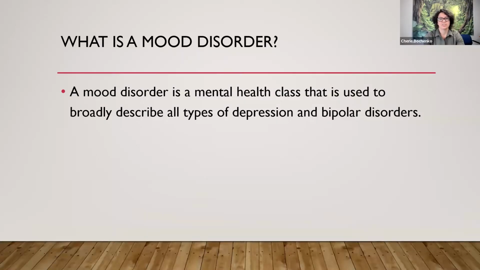So what is a mood disorder? It's a mental health class that's used broadly to describe all types of depression and bipolar disorders. And when you really get into the list, it can be kind of confusing. Many factors can contribute to mood disorders: genetics, imbalance of brain chemicals linked to disruption in the brain's reward circuitry, stressful life events, health conditions, substance use disorders.